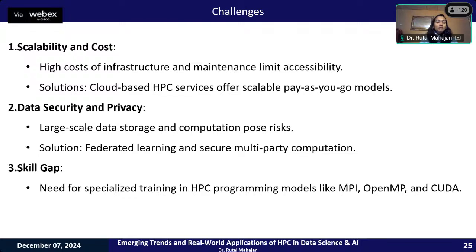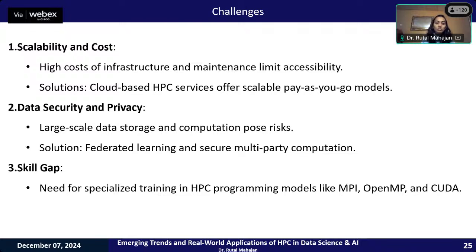We have just seen how HPC is important to scale AI and data science applications. I need to grow in the market with AI and data science applications. For that, I need to process an enormous amount of data, and of course I will require HPC architecture. I need to work closely with HPC, AI, and data science.